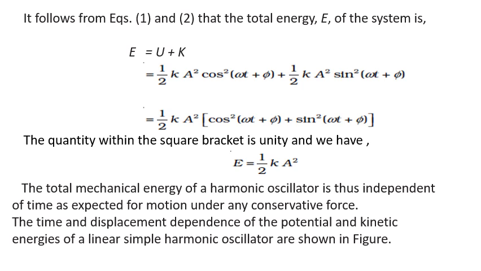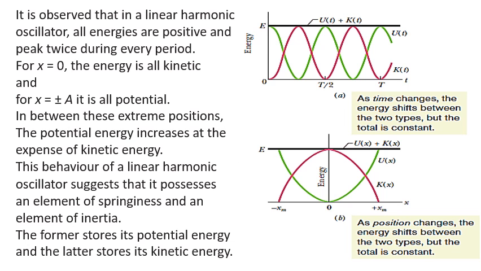So the total energy will be half k A square. Thus the total mechanical energy of a harmonic oscillator is independent of time, as expected for motion under any conservative forces. The time and displacement dependence of potential and kinetic energies of a linear simple harmonic oscillator are shown here.